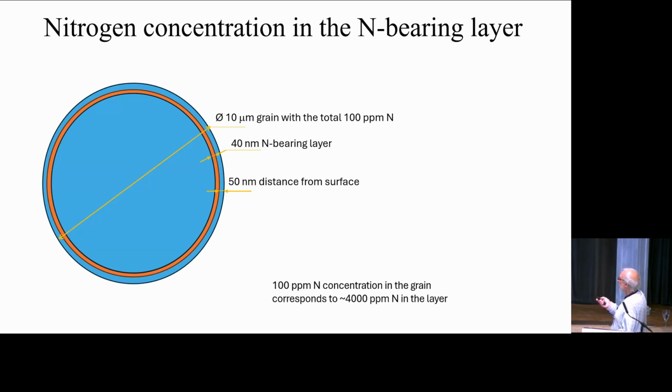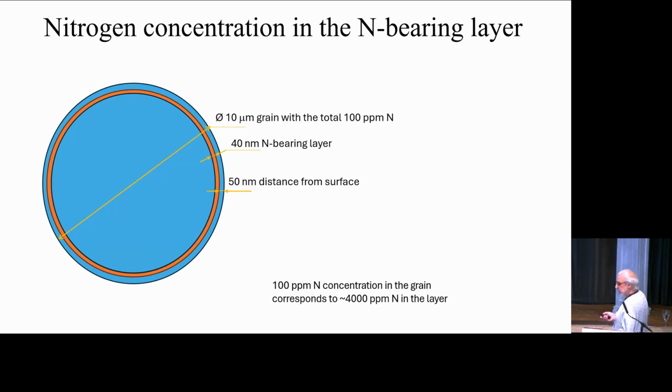For instance, for 100 ppm in a 10 micrometer grain, if all this nitrogen is concentrated in this red layer, its concentration in the layer will be about 4,000 ppm, which is not unreasonable.